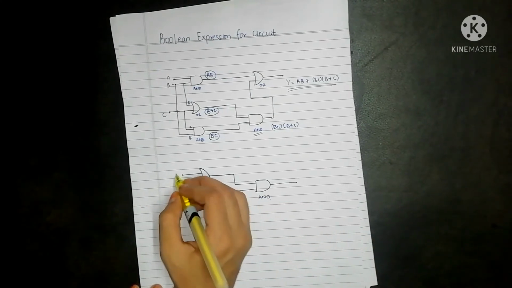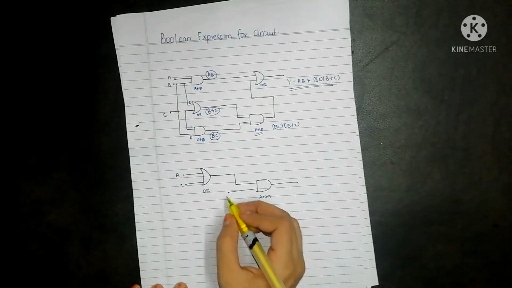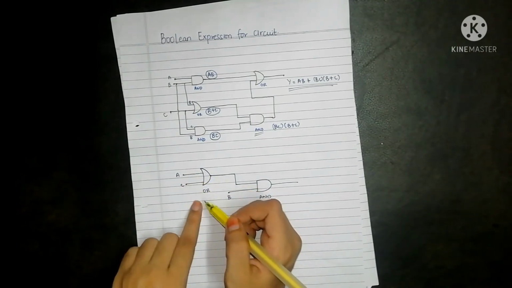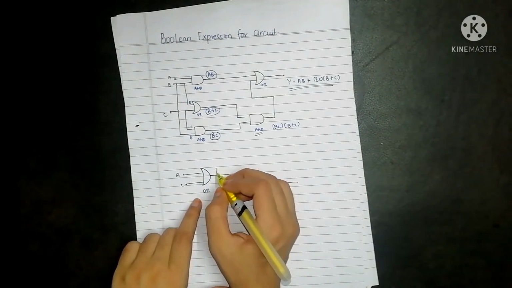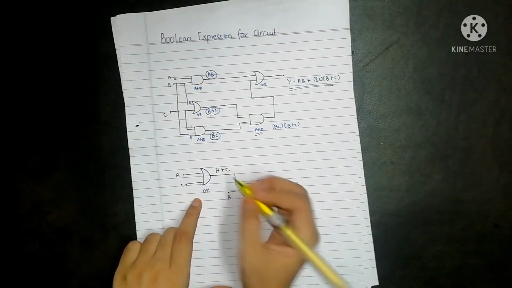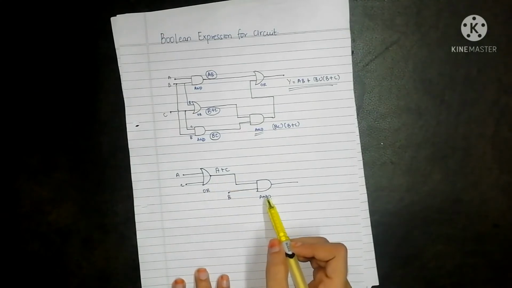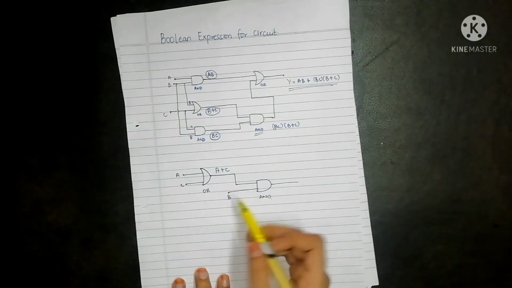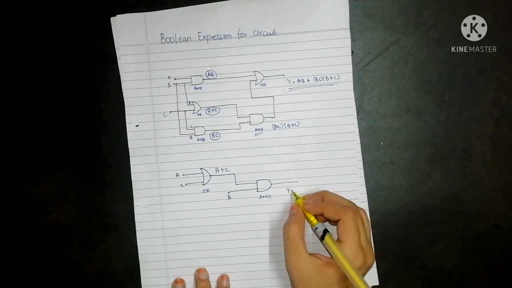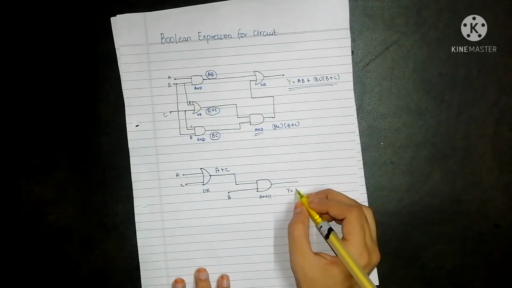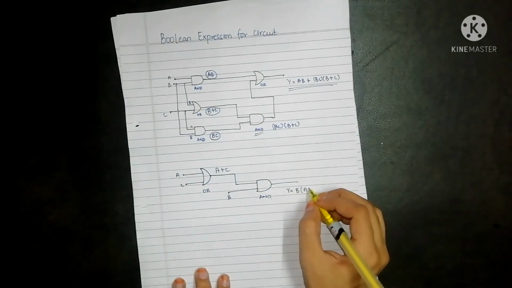The inputs here are A and C, and the input for this AND gate is B. The OR gate will give the sum of the inputs, so the output obtained is A plus C. Next, the output of the OR gate is going to the AND gate and the other input is B. So the result obtained at the output is going to be B into A plus C.